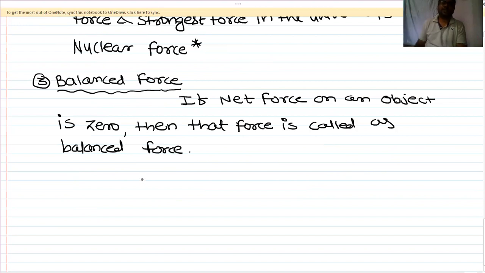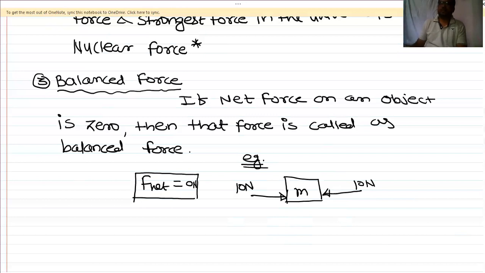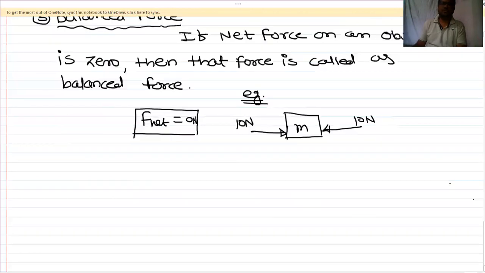So you can write, if F net is equal to 0, then this force is the balanced force. Example: suppose an object, if I apply a force of 10 Newton towards right and 10 Newton towards left, the net force on this object of mass m will be 0 Newton. Here the SI unit is Newton. So I hope this is clear now.